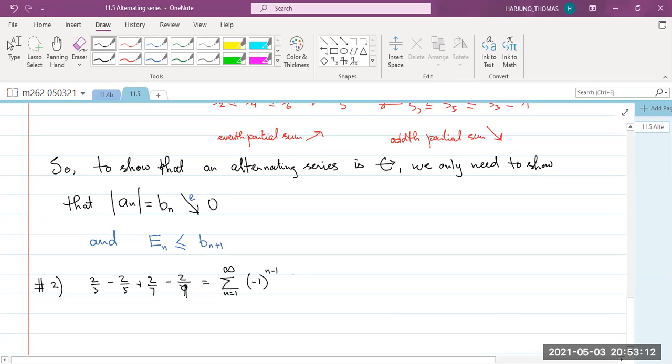The numerator is always 2. The denominator is linear, 2n plus 1. Now, show that it is divergent or convergent. Solution. B sub n, the positive part, is 2/(2n plus 1).